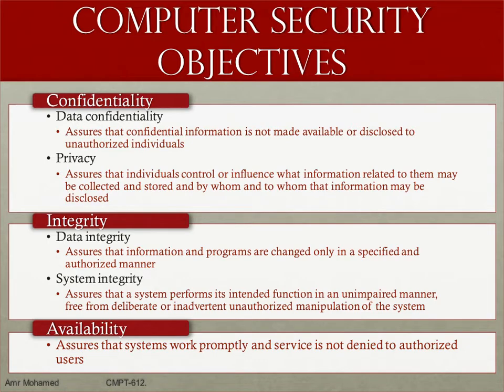When it comes to privacy, we refer to a specific type of data which represents individual identity, for example my name, my Qatari ID, my bank account number, things like that. So this is private information.